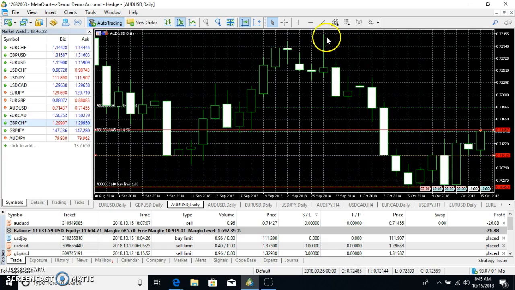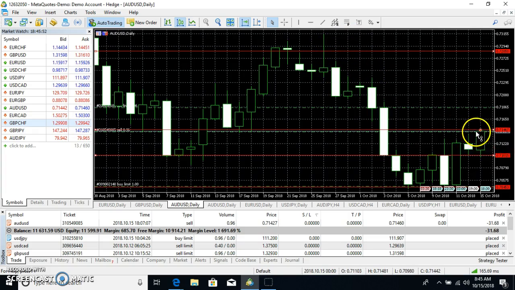Now up here is your supply area. In this area here, at 0.7315, that's your supply area. So you can wait here.